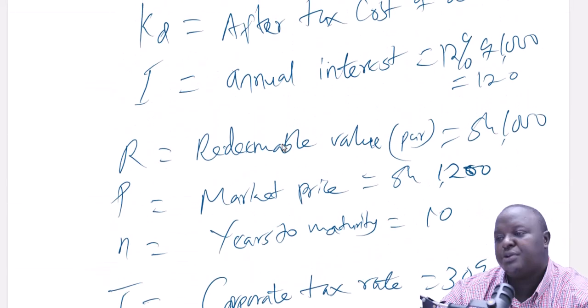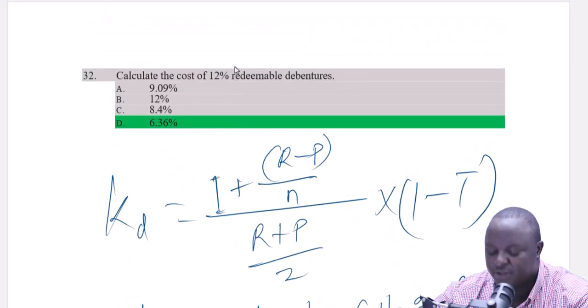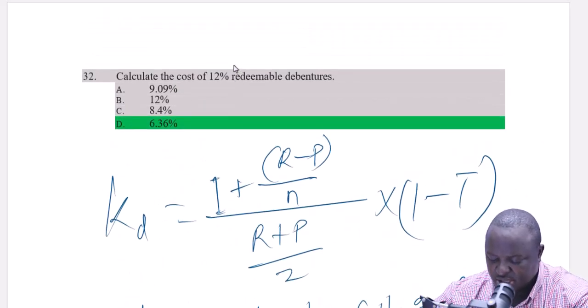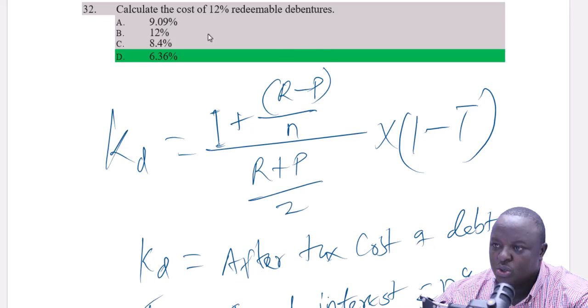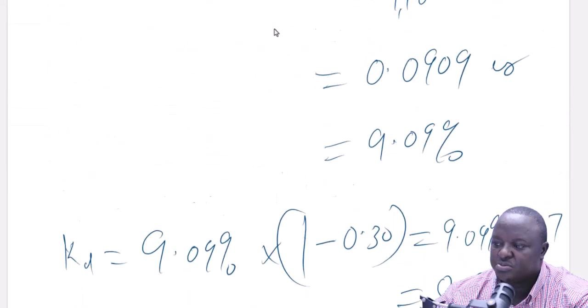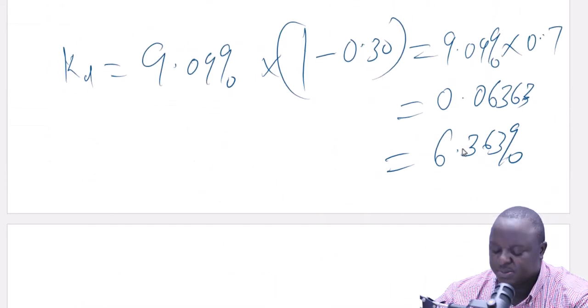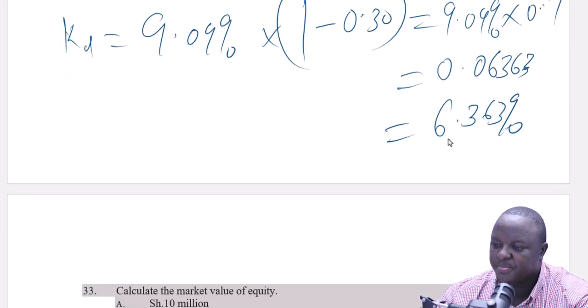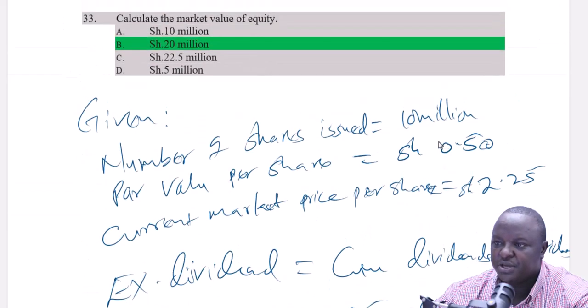And then we have the cost of debt in question 32, where we were asked to calculate the cost of 12% redeemable debentures. We got that cost to be 6.36%.